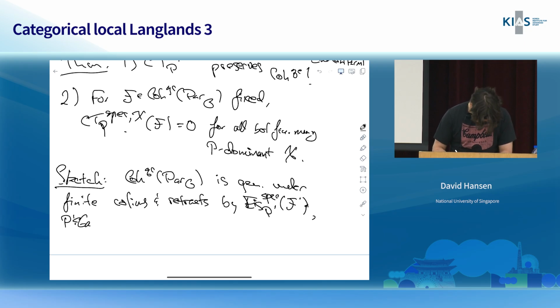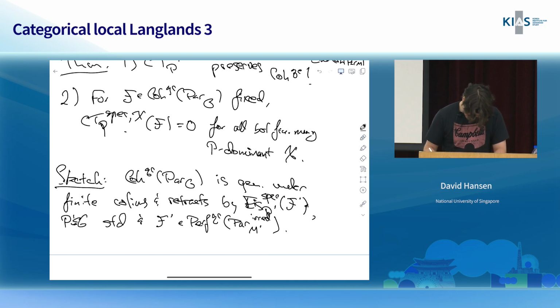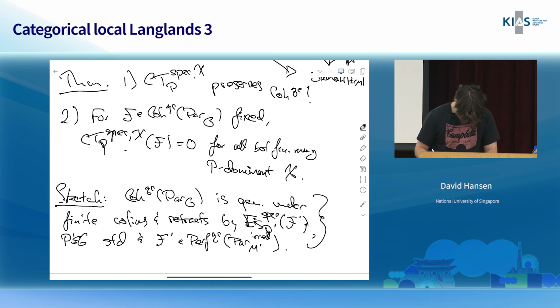And for F prime, you can impose very strong assumptions. In fact, this will be a perfect complex with quasi-compact support, and it won't live randomly on this parameter stack. It'll live on the locus of supercuspidal, or irreducible if you prefer, parameters. Okay, and this was proved by Takaya. And I'll put an exclamation point because this is super useful.